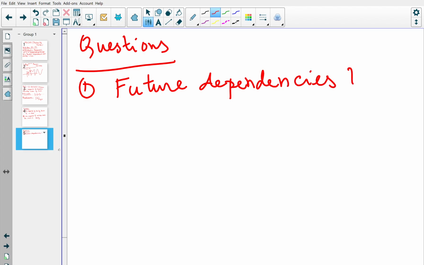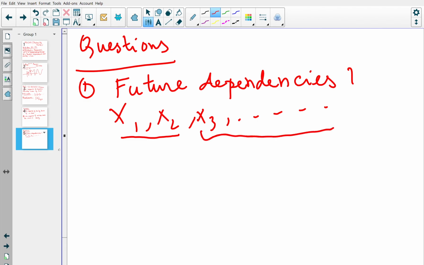By that I mean that suppose you have x1, x2, x3 and you know about these. Say you know everything about x1, x2. Can you say anything about the rest of the other things? So these are called future dependencies. People ask this question and want to learn it so that you can predict the future from whatever you know.